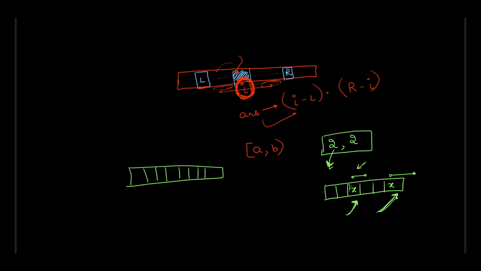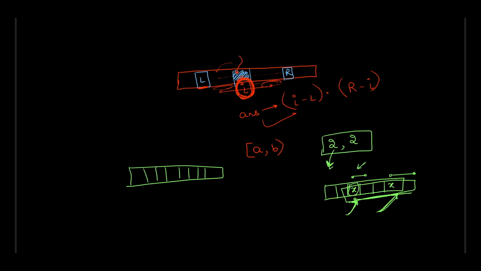But there is one case in which you might have overcounted. Assume that a subarray crosses this x, and in this subarray the bitwise OR is equal to x.